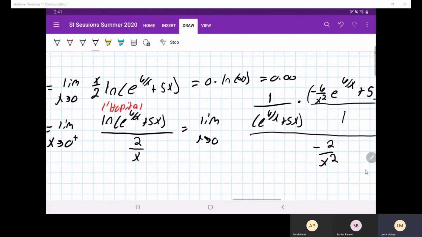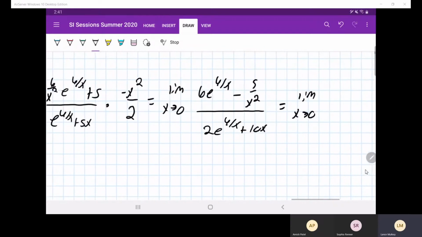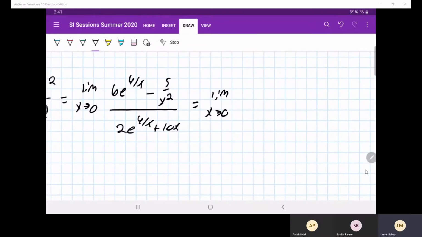I did. Yeah, still 0 over infinity. So I did have to do something. We may just give up on this so I can move on to the optimization problems. I'm just taking the derivative right now.